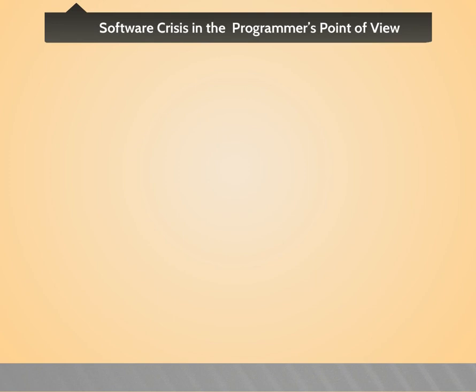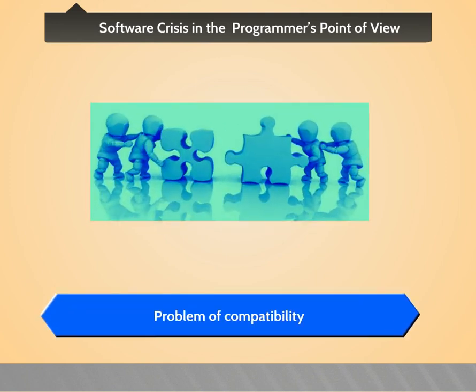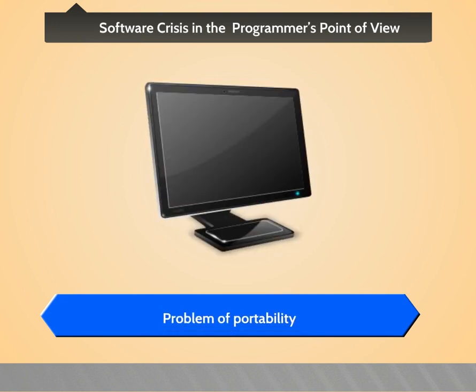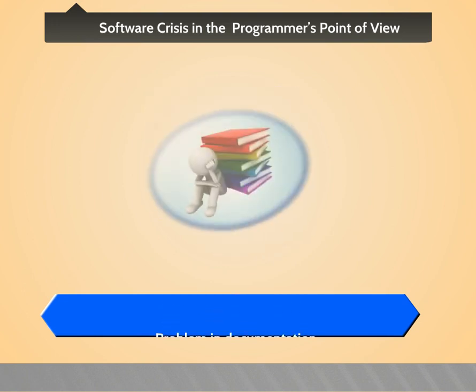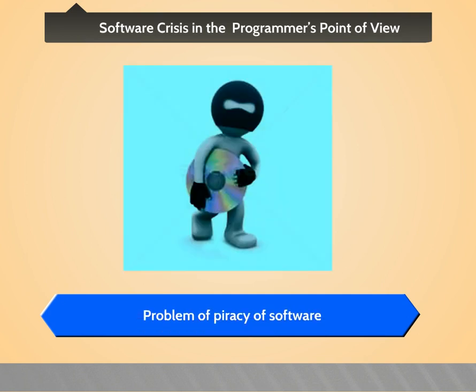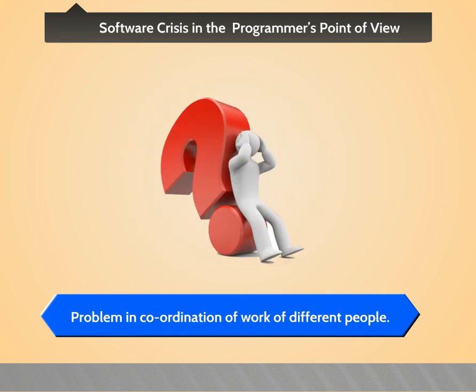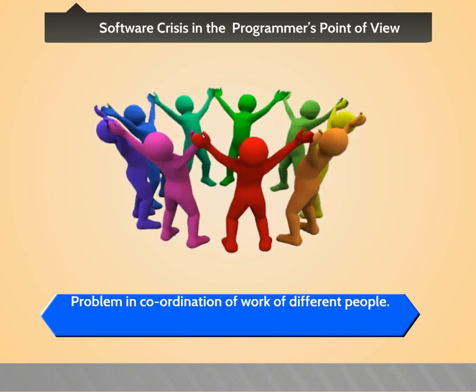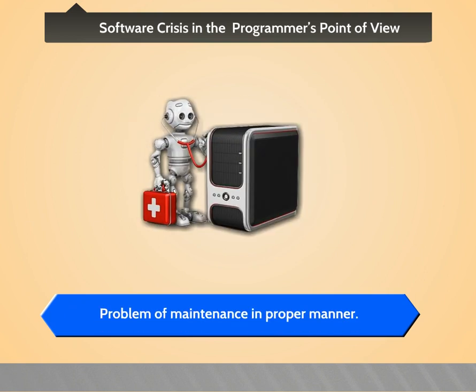Software crisis in the programmer's point of view. Problem of compatibility. Problem of portability. Problem in documentation. Problem of piracy of software. Problem in coordination of work of different people. Problem of maintenance in proper manner.